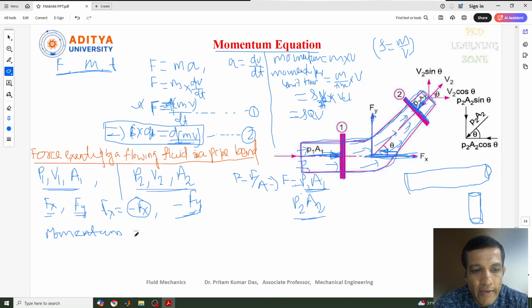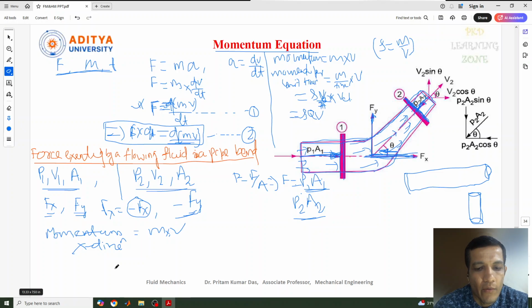equal to, in the x direction, the momentum in the x direction. So what we can write, a momentum in the x direction, as I told you previously, momentum equation, we can write mass into velocity, and from there we can write this. Okay, so the momentum equation we can write in the x direction, so mass into velocity.